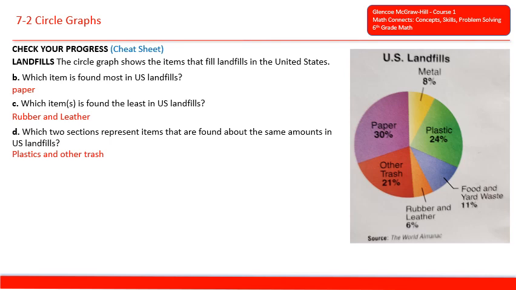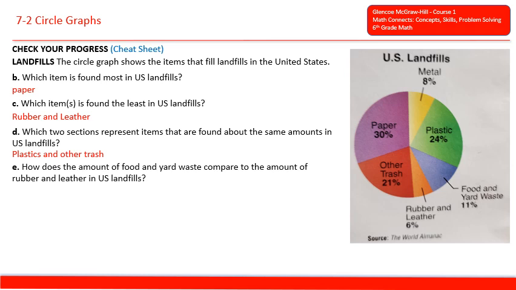So I think you could have chosen either one. How does the amount of food and yard waste compare to the amount of rubber and leather in U.S. landfills? So food and yard waste, 11%, and rubber and leather is 6%. So food and yard waste is about twice as much as the rubber and leather.